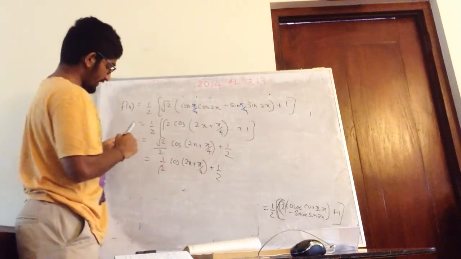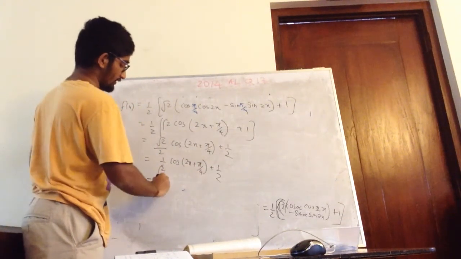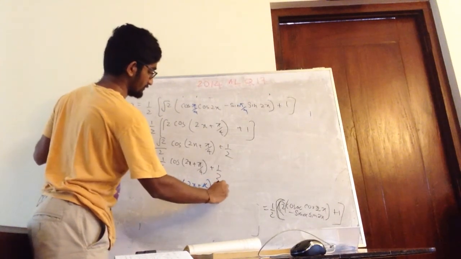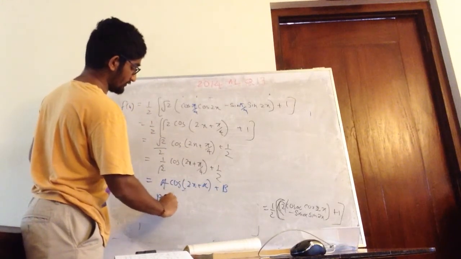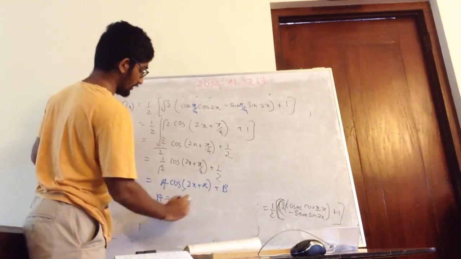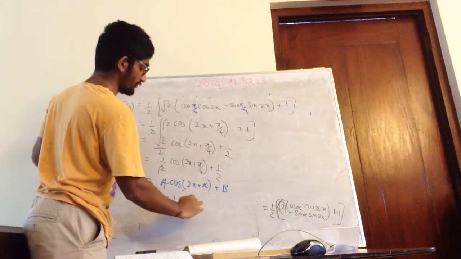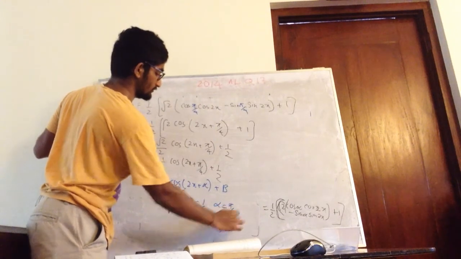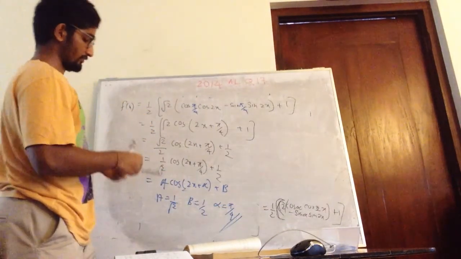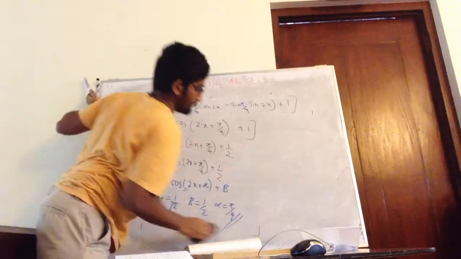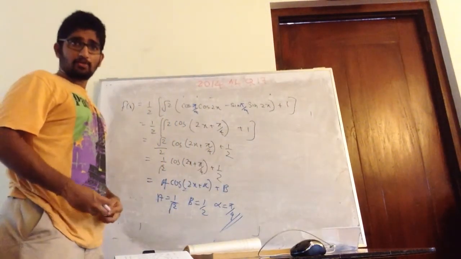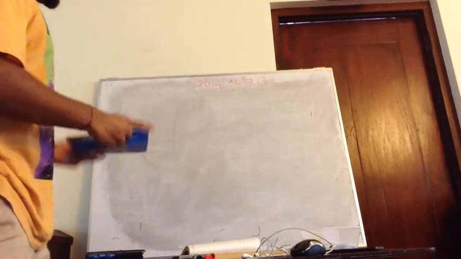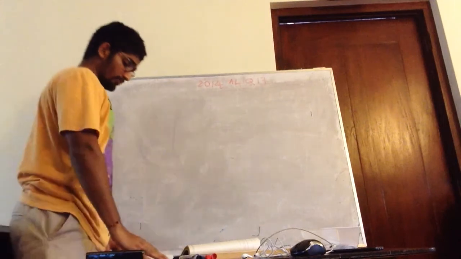Now we have to compare this. A is going to be 1 over square root 2, b is going to be half, and alpha is going to be 5 over 4.